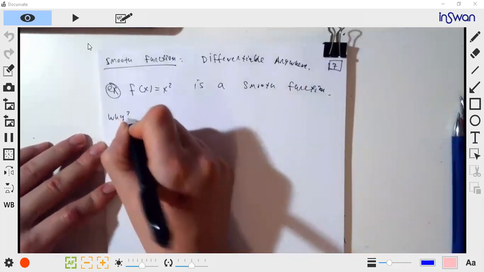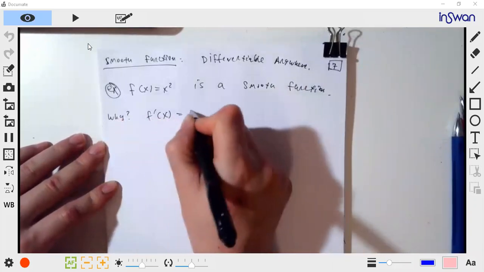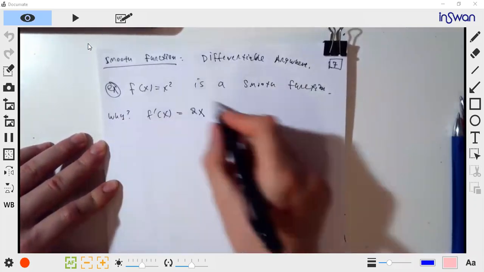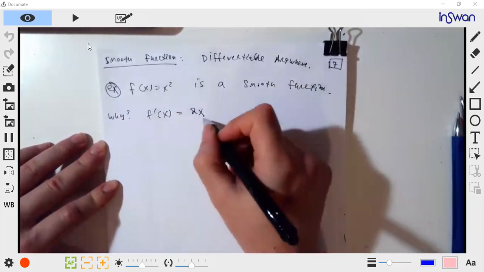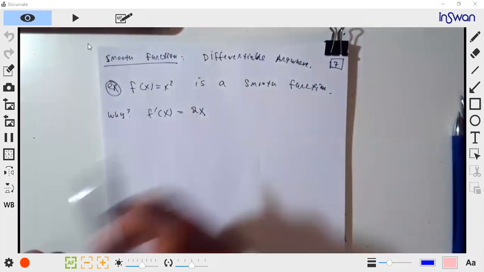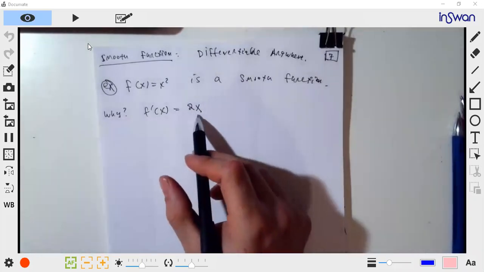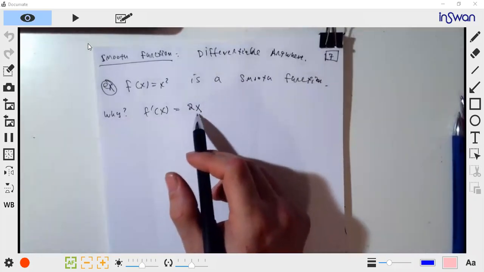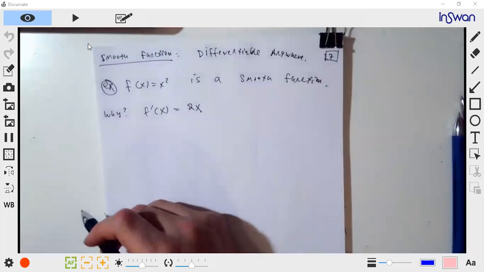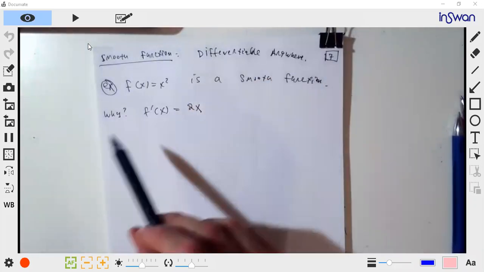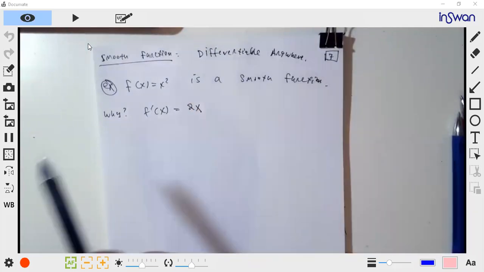Why? Well, f prime of x we calculated is equal to 2x. That means its derivative exists for any real input. You want to know what the derivative is at x equals negative 5,000? That's 2 times negative 5,000, which is negative 10,000. So we can figure it out at any point. A smooth function is differentiable everywhere, so this function is a smooth function.